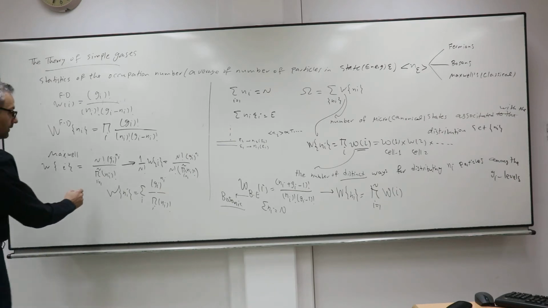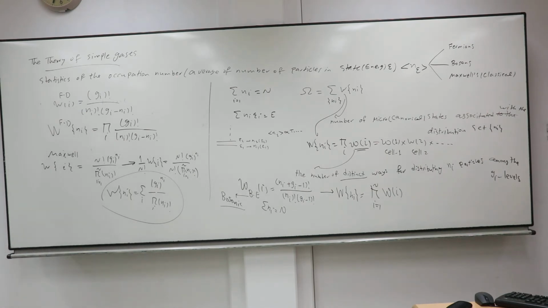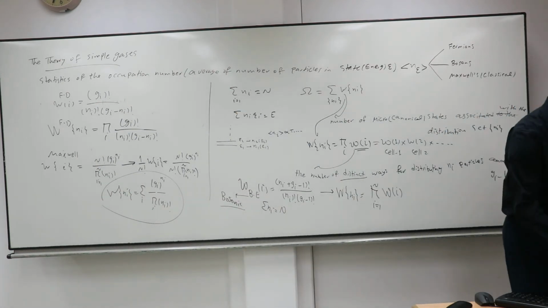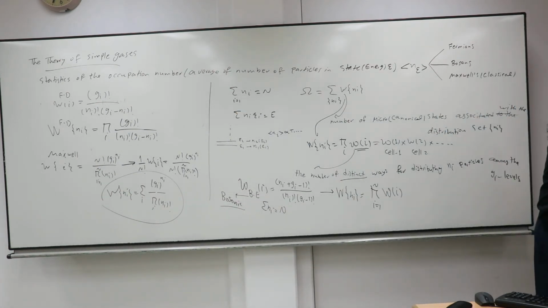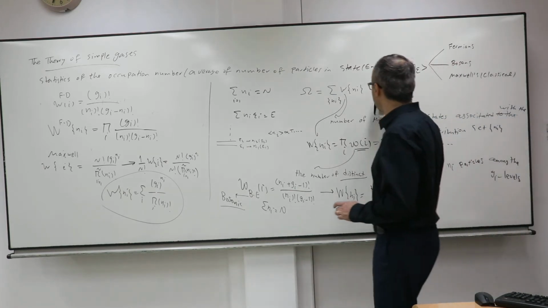So this will be the number of ways to distribute the particles. The next step is to write omega and make omega minimum with respect to your parameter.